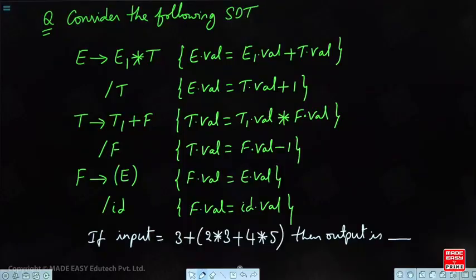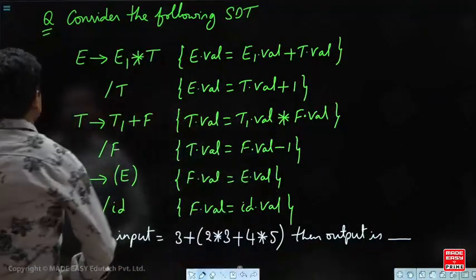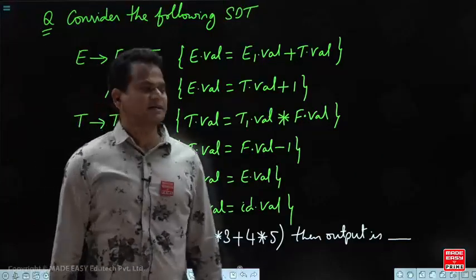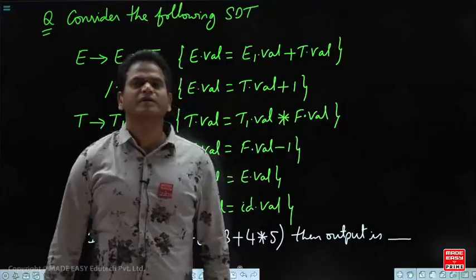Okay? So you do this as homework. Tomorrow we'll meet. Tomorrow is the end of the class, meaning this chapter. Tomorrow I'll complete it. Only 2 or 3 more questions are there, but to discuss them will take time. So that's the reason I cannot continue. Okay?